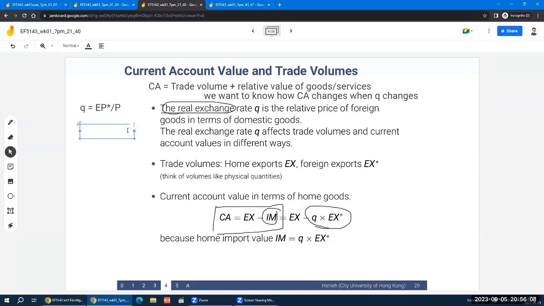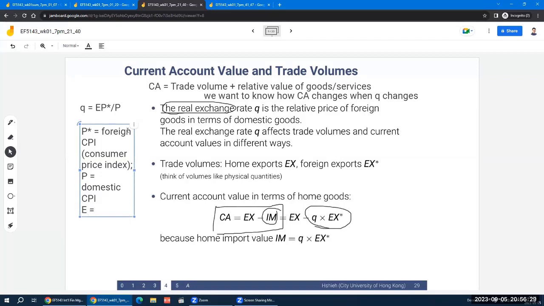All right. So let me be clear. P star here is foreign price, foreign CPI. I'm going to write CPI, so just remember it means consumer price index. And P equals domestic price, domestic CPI.